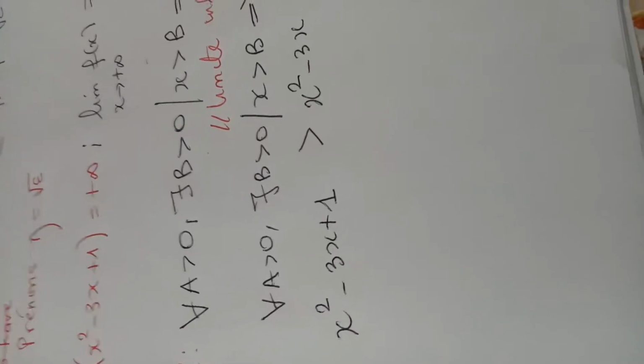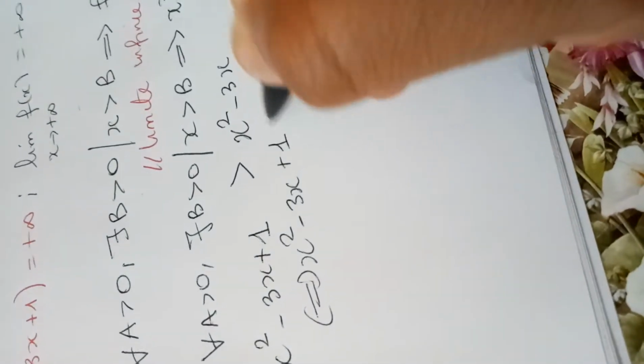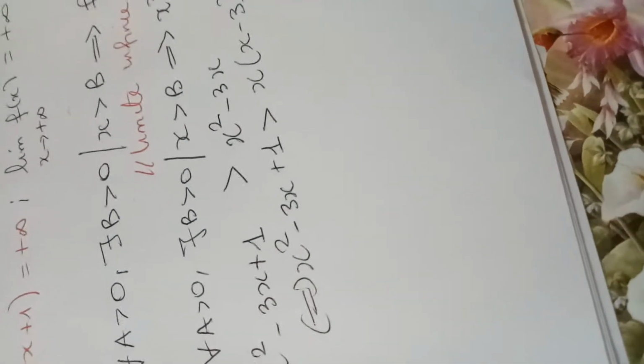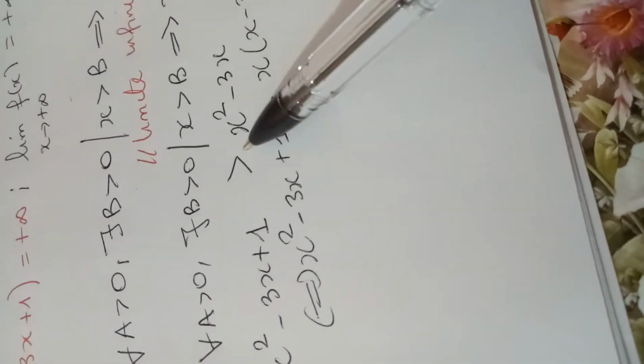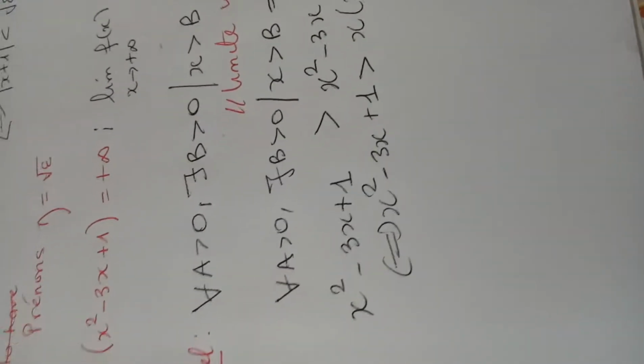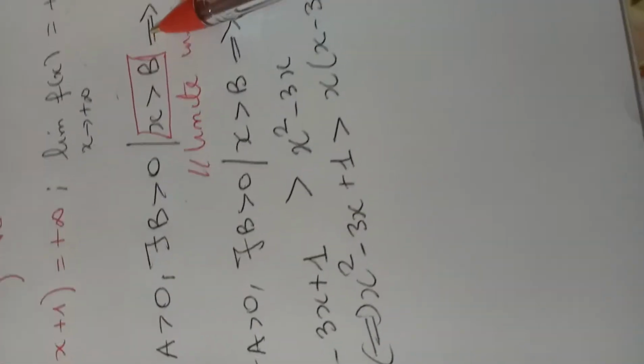So what does this mean? It's equivalent to me saying x squared minus 3x plus 1 is greater than x bracket x minus 3. Because if I have this, I have x times x, that's x squared, minus 3x. So this also works. So now we'll come back to using this x greater than b.